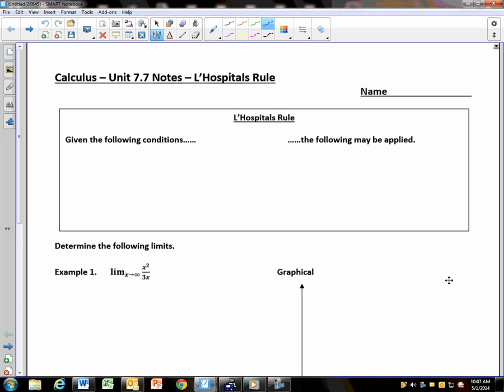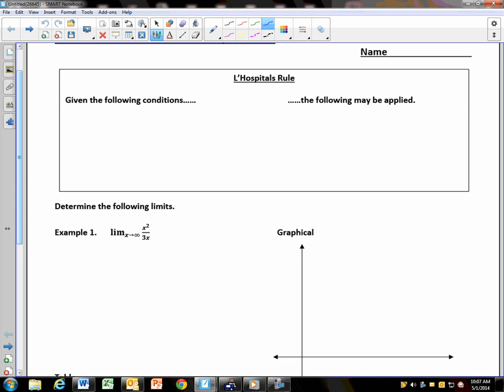Anyway, here it is. We want to be able to figure this out. The limit as x goes to a of f of x over g of x, and that's equal to something. But L'Hopital's rule says that before we decide what that limit is, one of the two must occur first.